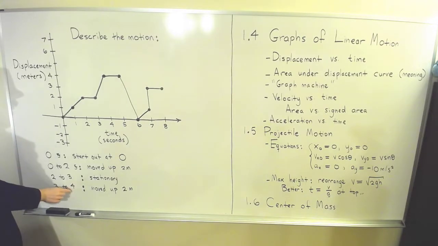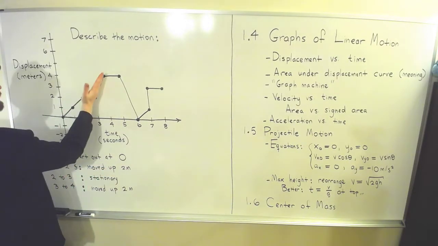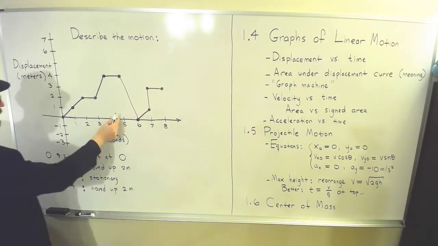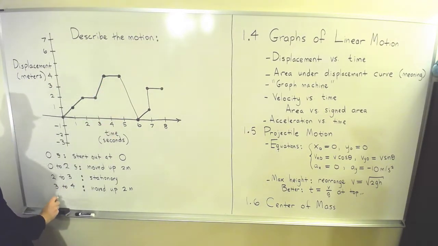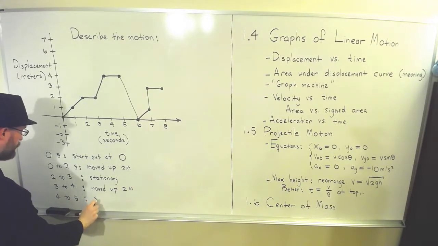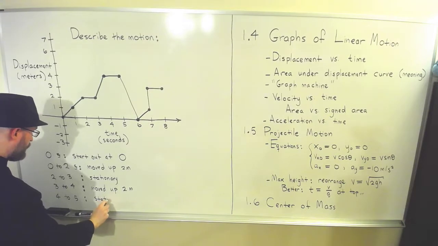Now notice here you moved faster because you're going from 3 to 4 seconds. That's just 1 second. Whereas here you went up 2 meters in 2 seconds. So that's why the slope of the line is steeper there. And then 4 to 5 seconds, you see here you're stationary.